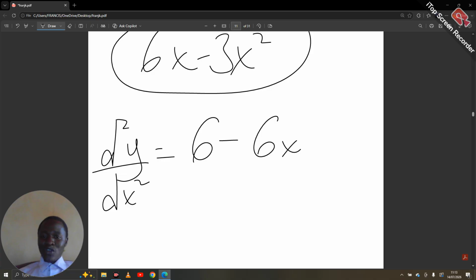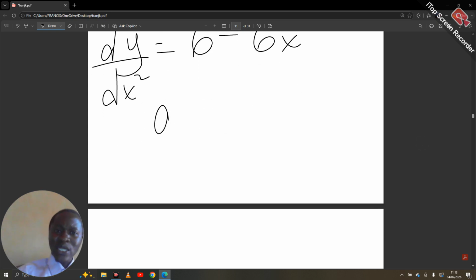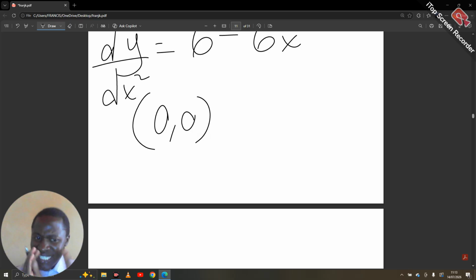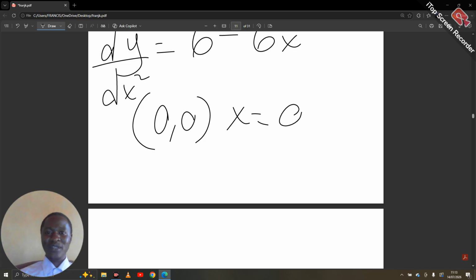This is what I refer to as the substitution part, because to determine whether the numbers are positive, negative, or 0, you must substitute back. We remember we have 2 points. Let's start with the first point, 0, 0. Under 0, 0, our x value is 0.